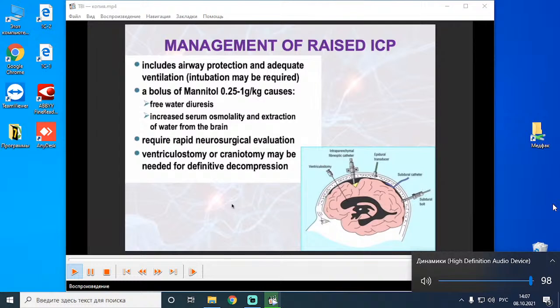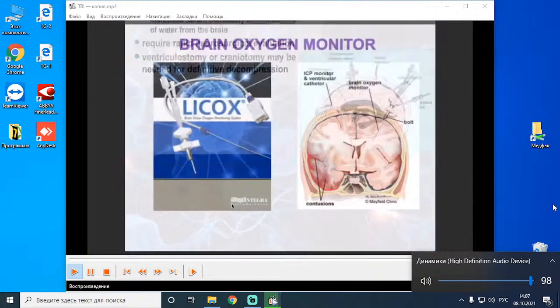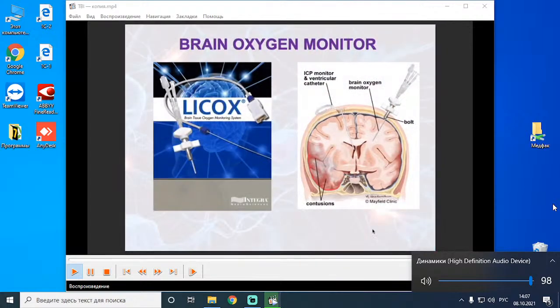Ventriculostomy or craniotomy may be needed for definitive decompression. Here you can see an ICP monitor, ventricular catheter, and brain oxygen monitor, both. And here you can see contusions.